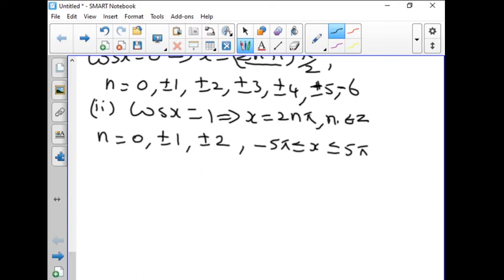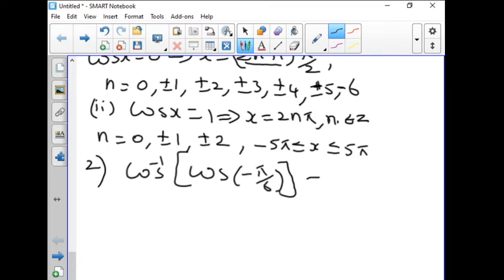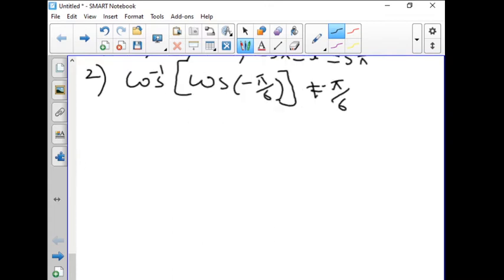Now we'll go to the second question. State the reason for cos inverse of minus pi by 6 not equal to minus pi by 6. So here the principal domain of cosine is the closed interval 0 comma pi.